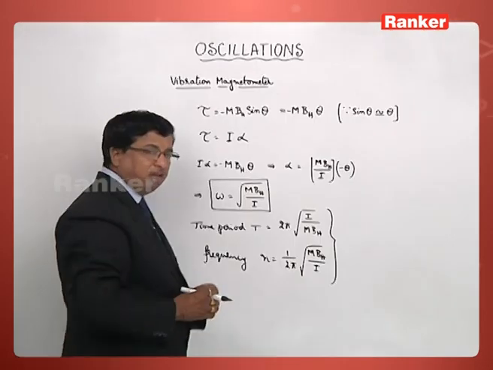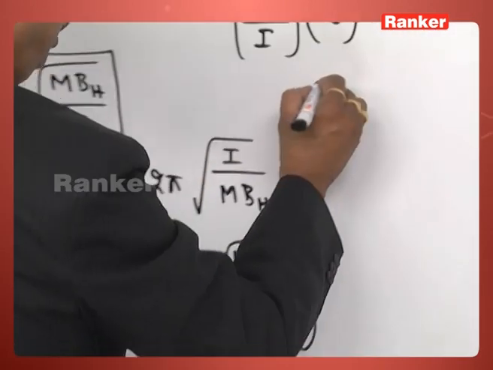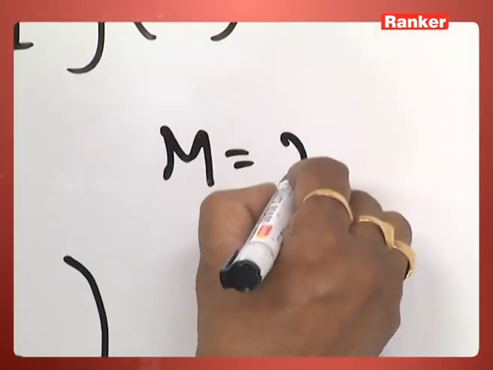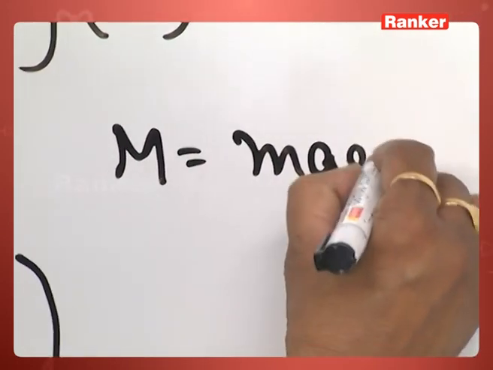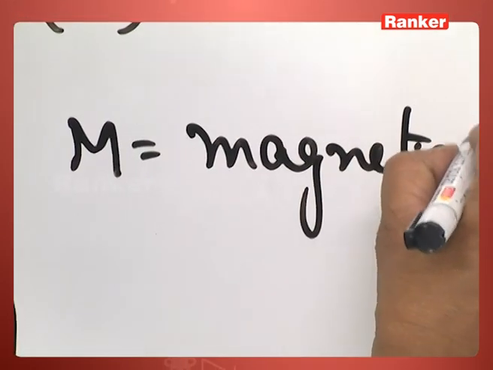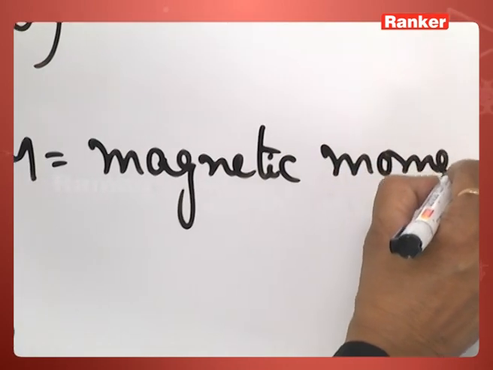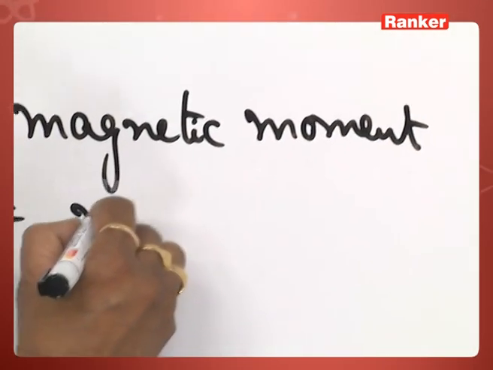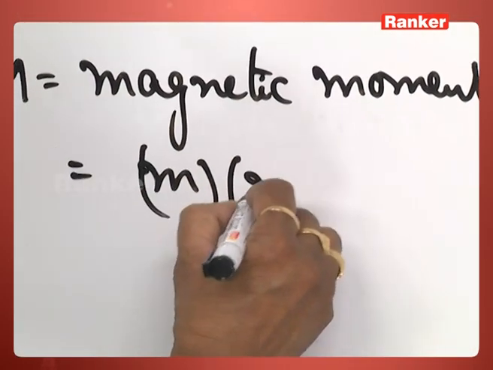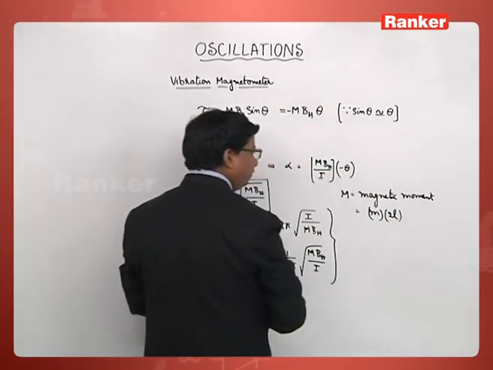And what is capital M over here called? Capital M, we call this magnetic moment. And what is this magnetic moment? It is pole strength into the length of the magnet.